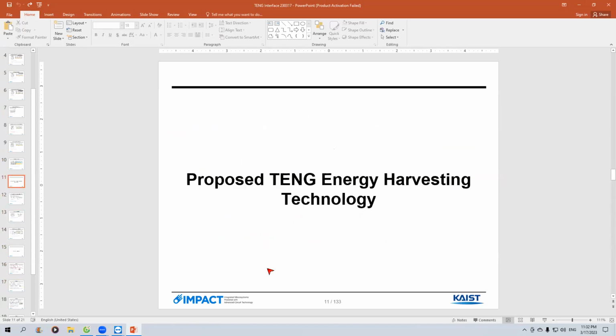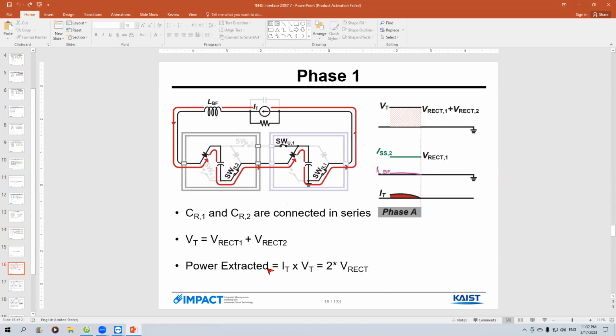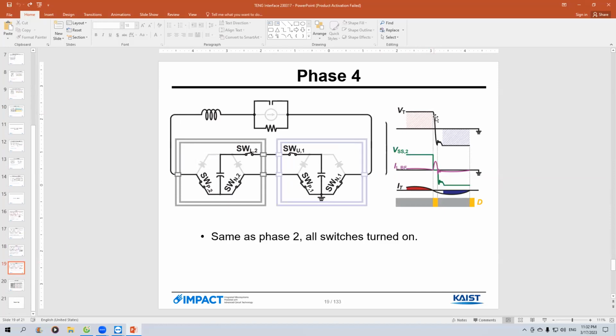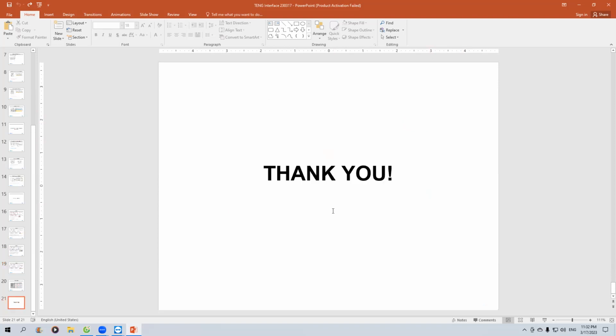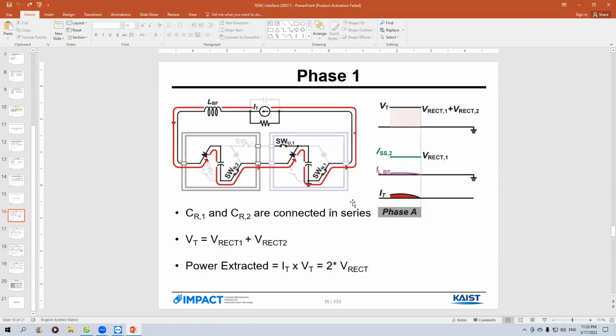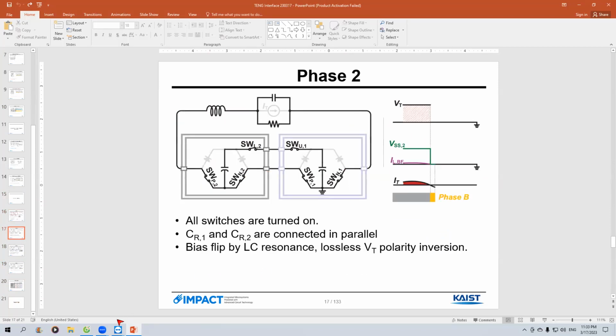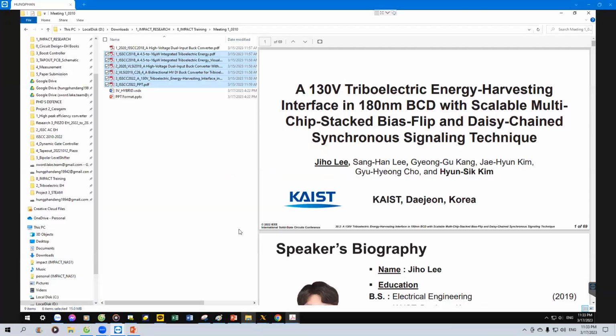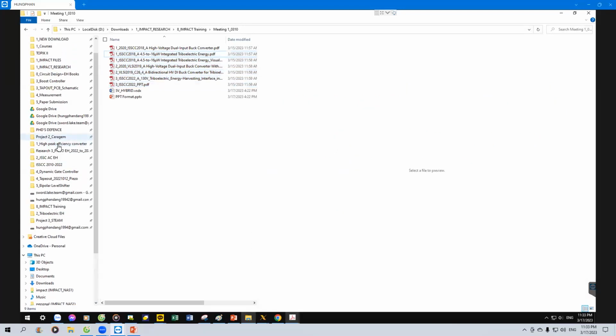Bias flip actually means it will flip the voltage from positive to negative and the opposite, right? It will flip the voltage. It is the main name for the bias flip. Actually, I have another slide for bias flip.